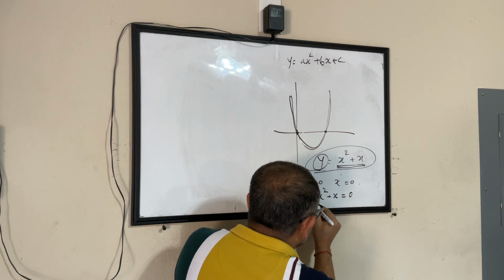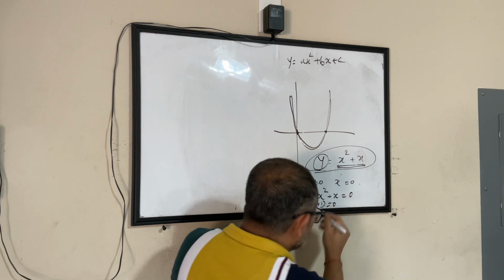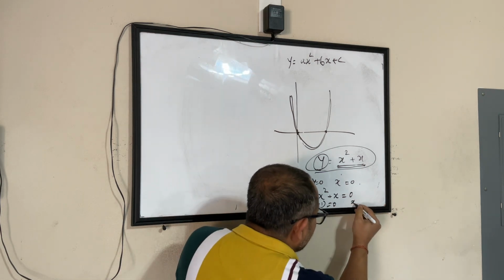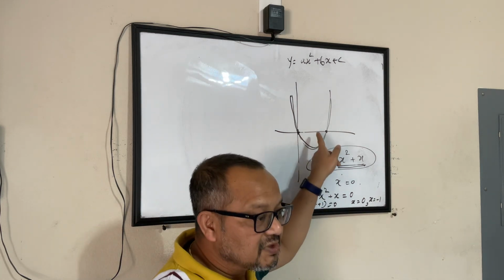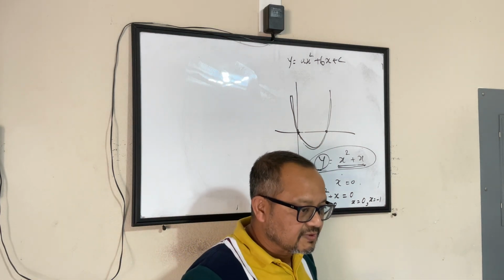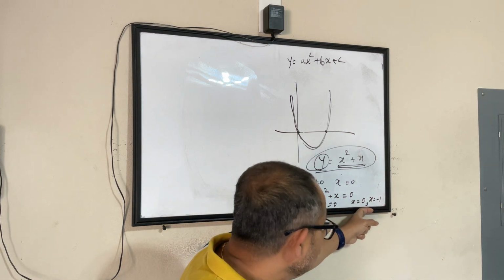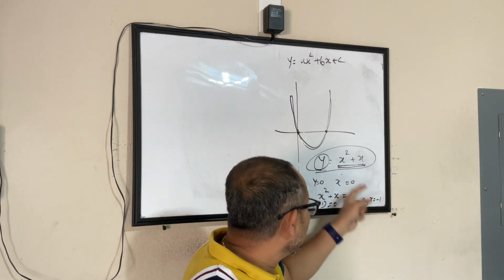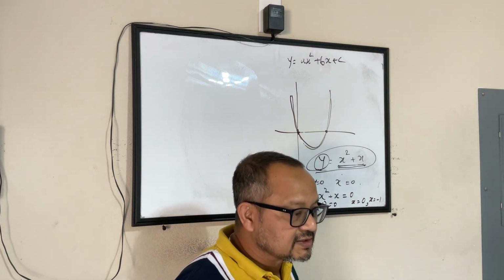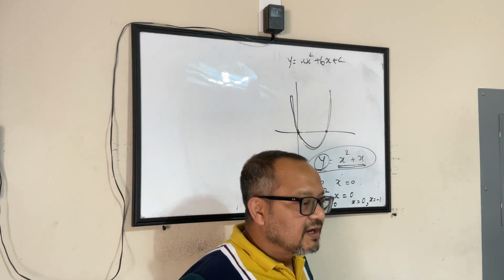That means x into x plus 1 becomes 0. That means x equals either 0 or x equals minus 1. That is what we saw in the previous example. This is your x-intercept. If it's touching at two places, that means your vertex is going below your x-axis, and we'll play with that in the next class.